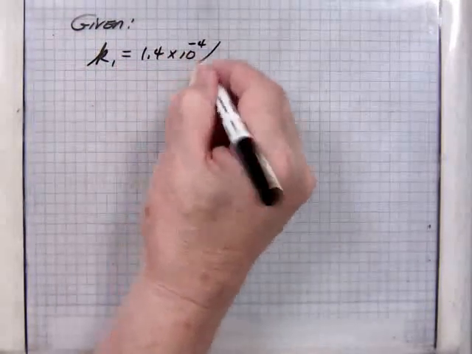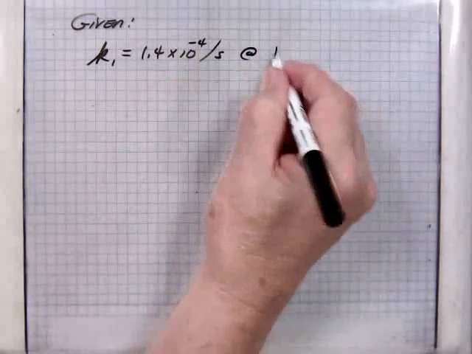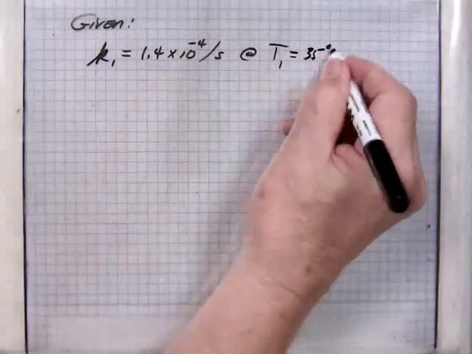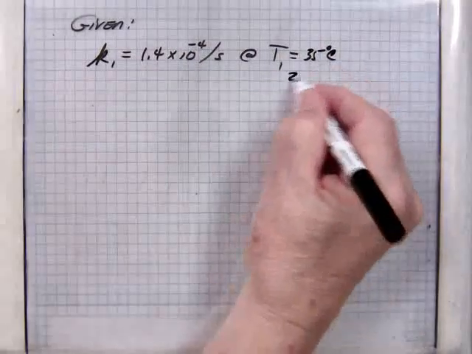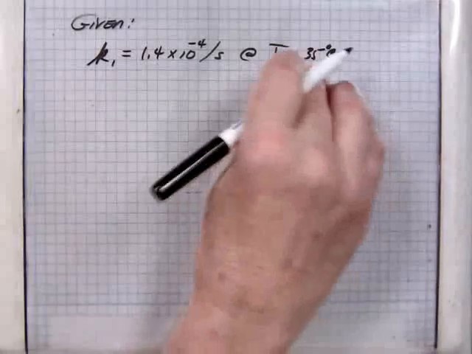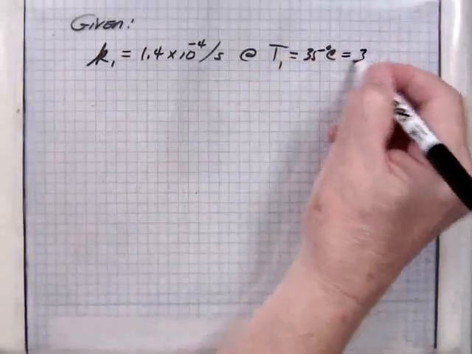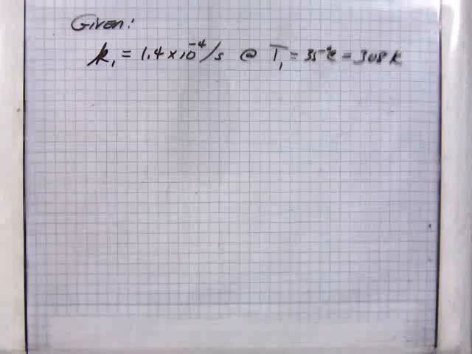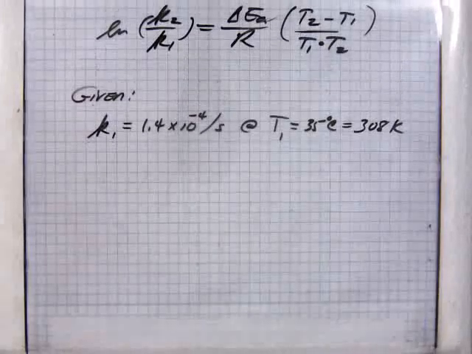I like to set it up like this. At T1 equals 35 degrees C, and you add 273 to that, 308. That's the temperature value in that equation. I'm going to bring the equation back down here.